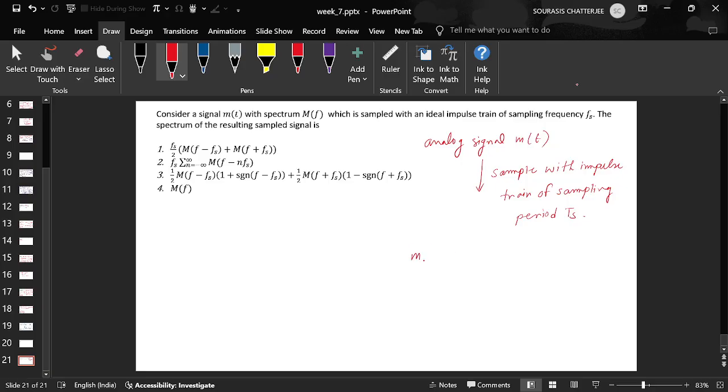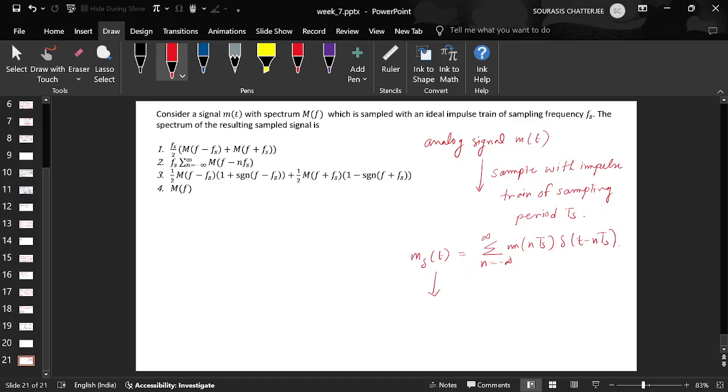What we get from there is the sum of m(nTs) times delta(t minus nTs). So this is my sampled signal, and I need its spectrum.